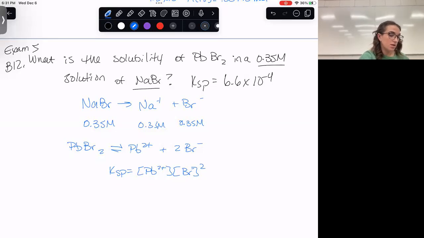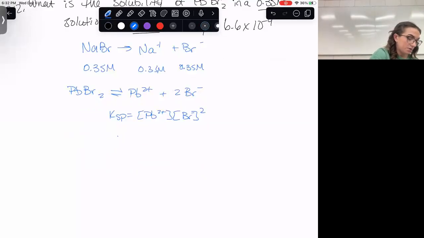So when your sodium bromide dissociates, you now have KSP where your lead has no concentration, but your Br minus has 0.35 molar concentration. Yep. And then you would square it.